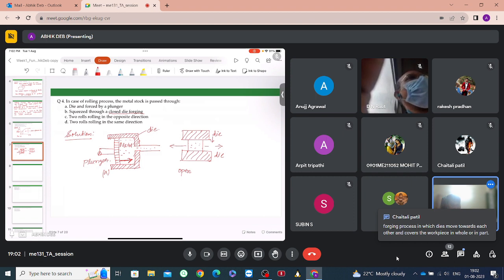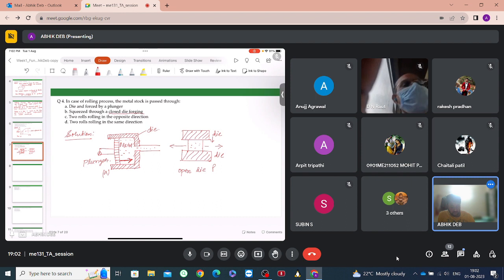Yes, exactly. So this is open die forging. It is not enclosing the material, and there is no restriction to the movement of this material in these two directions. But in closed die forging, what will happen?